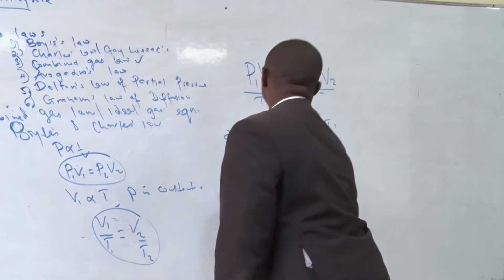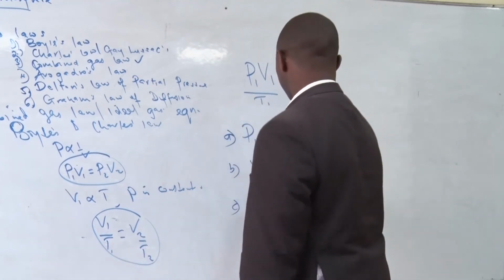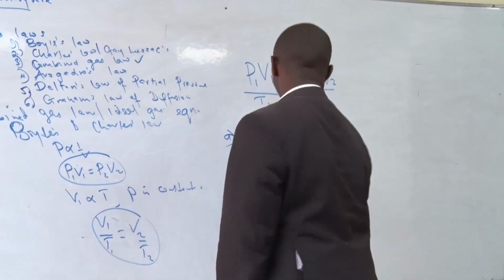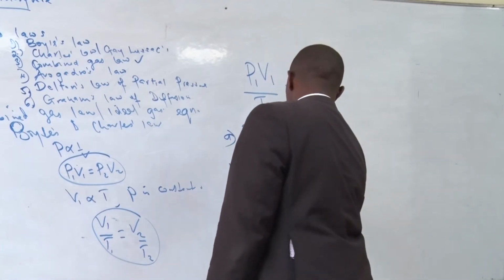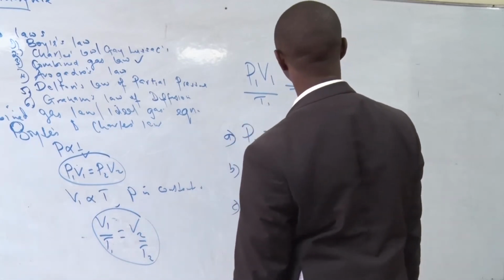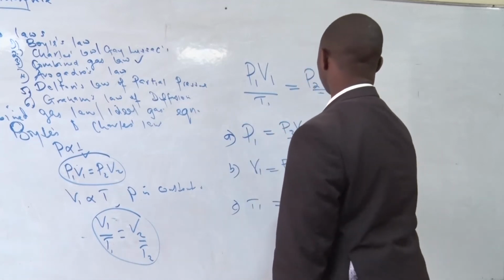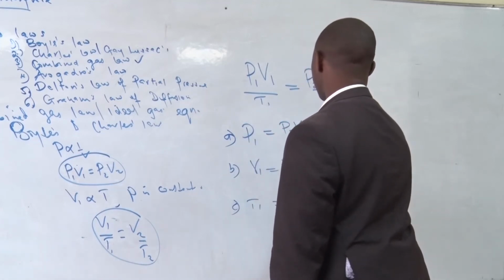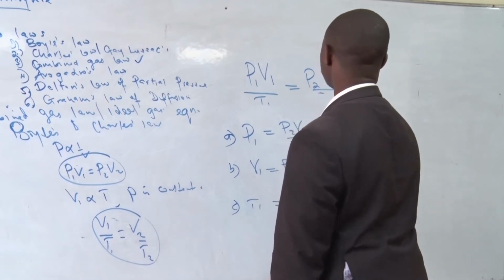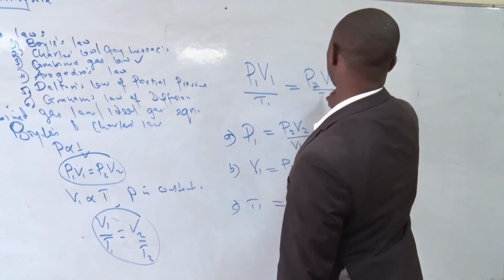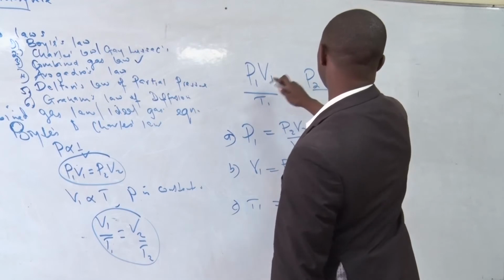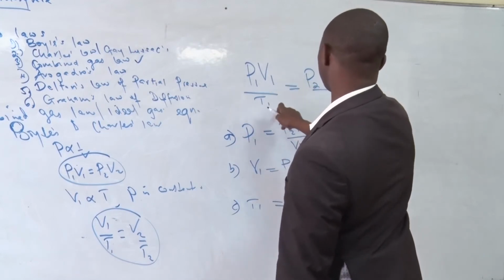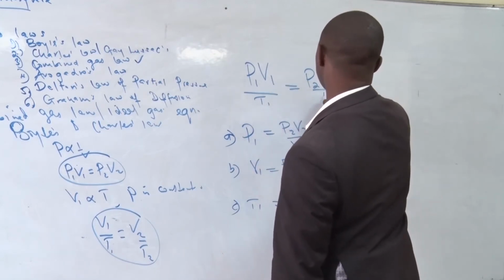Let's now look for the value of T1. To get the value of T1, we say T1 is equal to P1 V1, because we cross multiply. Remember, P1 V1 over T1 is equal to P2 V2 over T2.